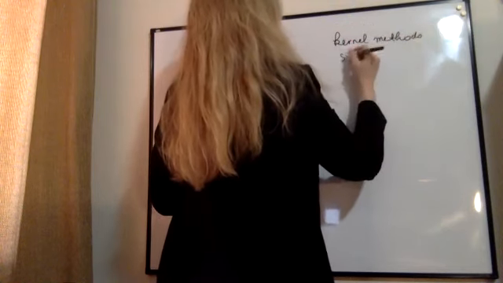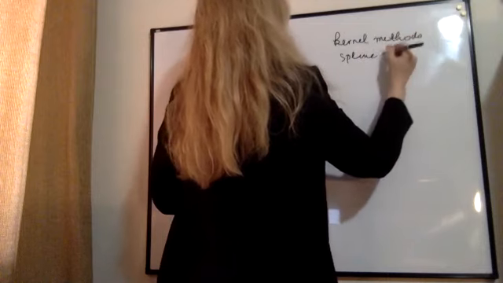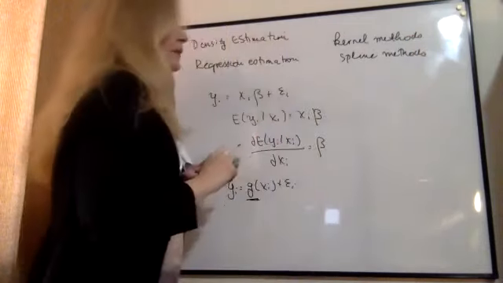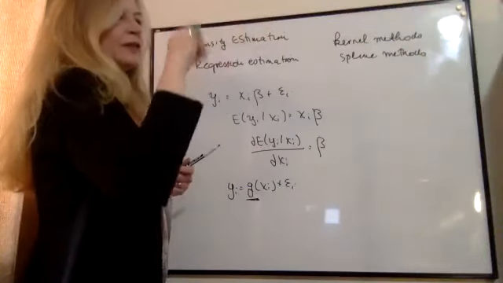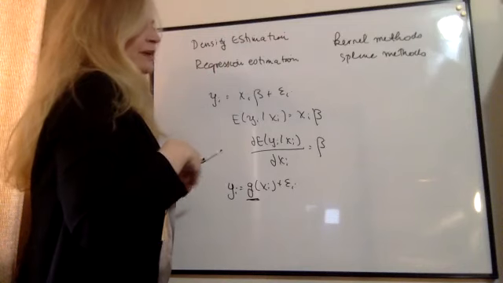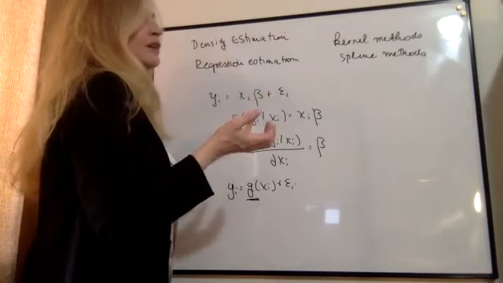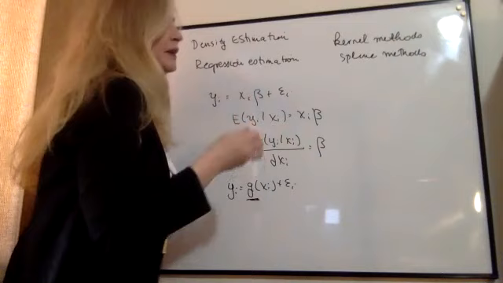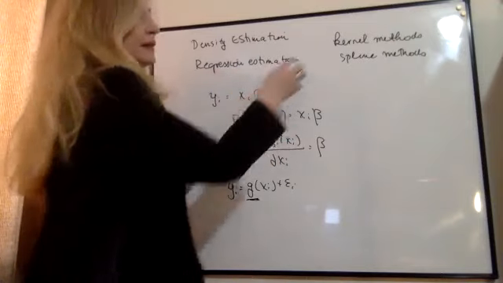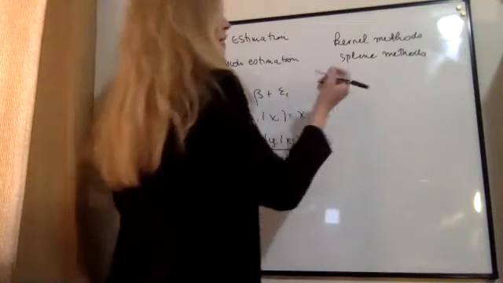But they also have things called spline methods. Spline methods kind of piece together smaller parametric models. So you can probably take courses in the statistics department only in spline modeling. It's like a competing method for this kernel method.